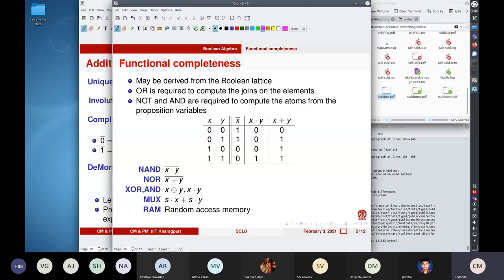Let us consider a truth table for X, Y, and Z. These are the combinations of X and Y, and then the output is 1 or 0.